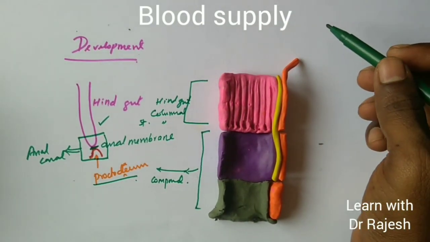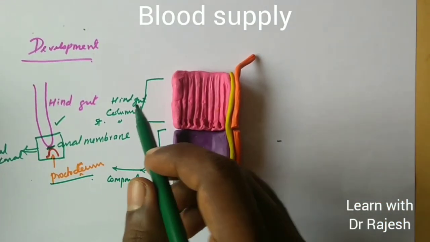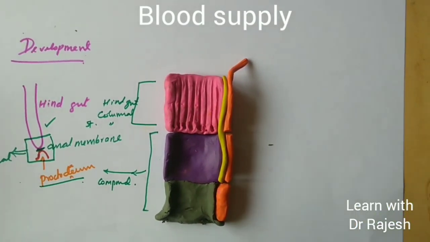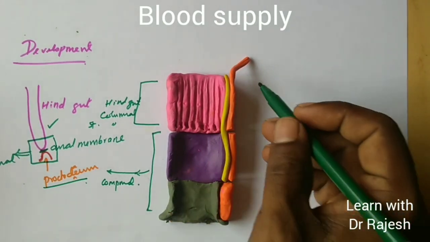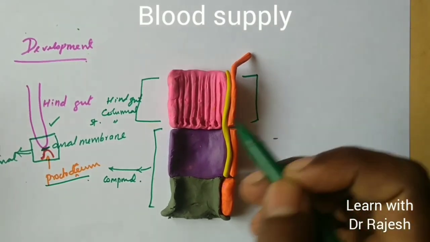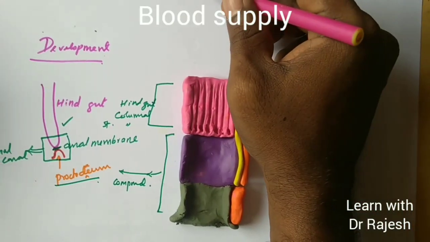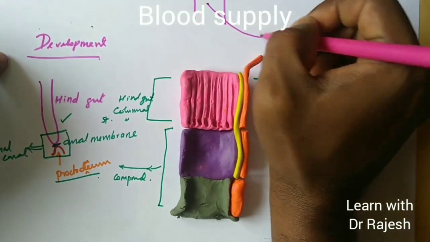Now we can study the blood supply along with this developmental source. The hindgut is supplied by the inferior mesenteric artery. So the branch coming from the inferior mesenteric artery will also supply the upper part of the anal canal. This is the aorta, and this is the inferior mesenteric artery.